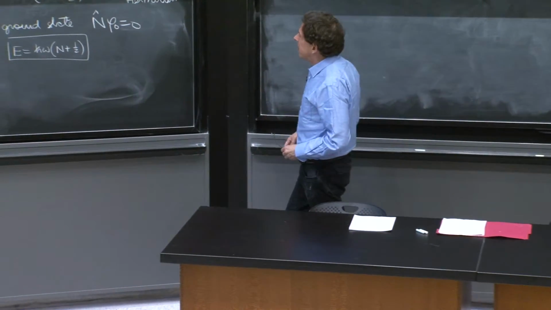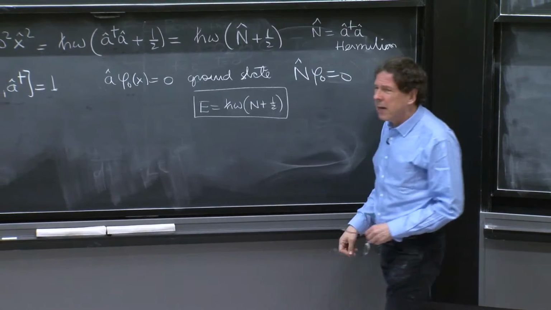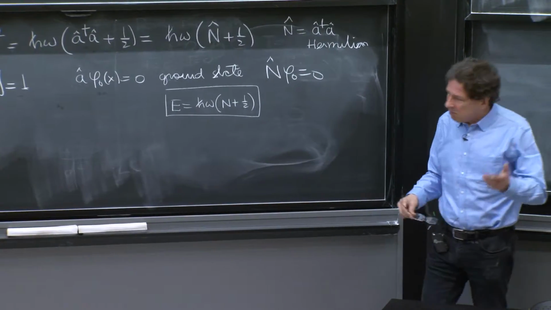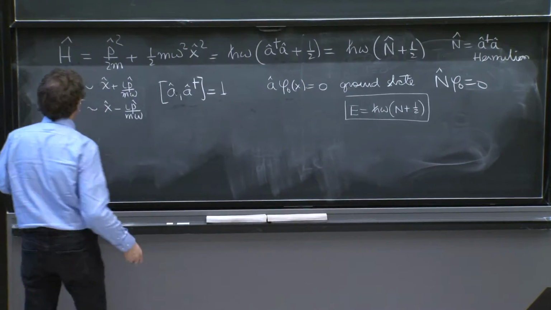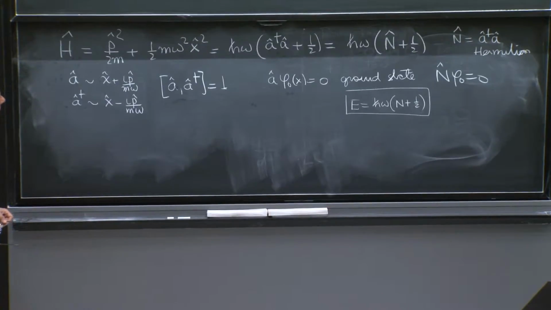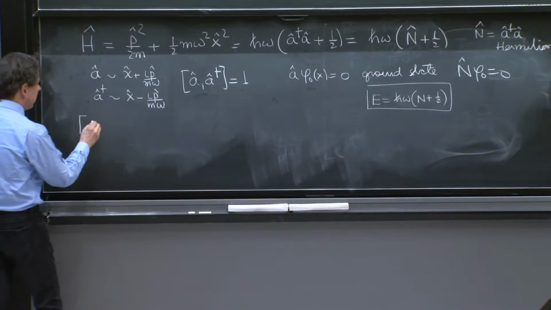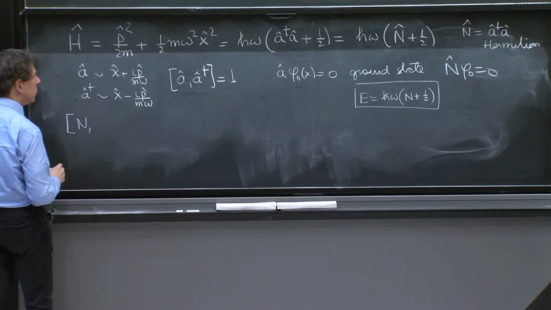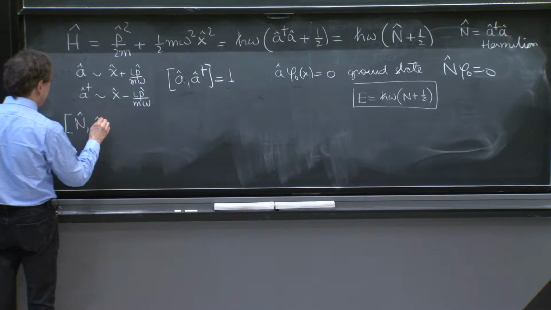Okay, so when we look at this thing, and you have a number operator which encodes the Hamiltonian, it's a good idea to try to understand how it interacts with the other operators that you have here. And a good question whenever you have operators is the commutator. So you can ask, what is the commutator of N with A?